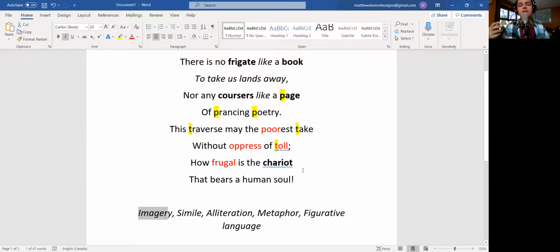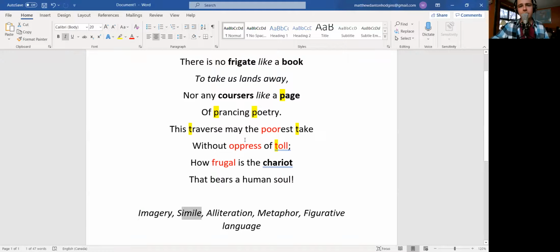And now you're also picturing a chariot bearing a human soul. I think the imagery in this poem is exceptional, right? It really does a great job of pointing out how important books and stories are to the poet, but not only that, just how deep their passion goes for them.